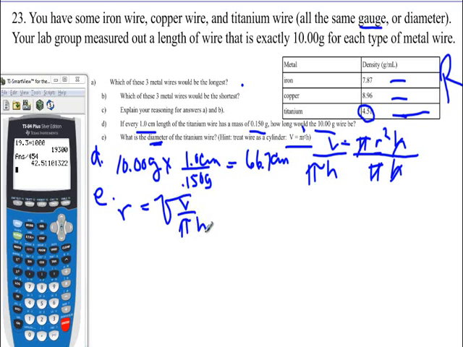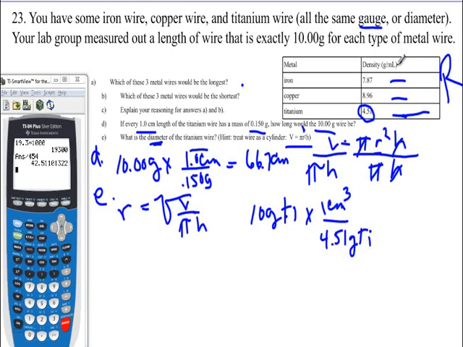Alright, so I'm trying to find r. Okay, we have the height. I don't have the volume yet, so let's find the volume. So if I have 10 grams of titanium, what I know from the density is that there are 4.51 grams of titanium per centimeter cubed, 1 centimeter cubed.